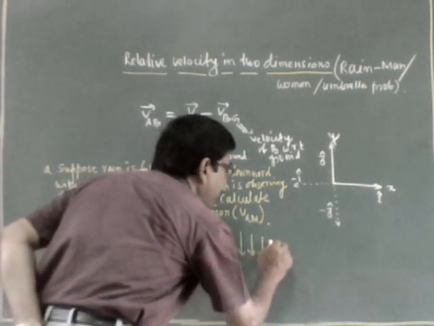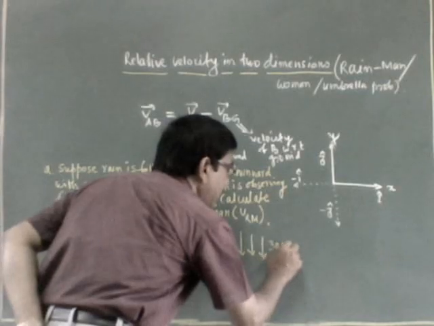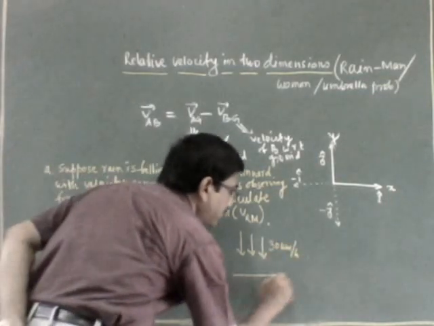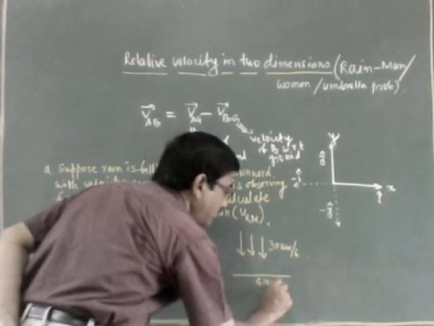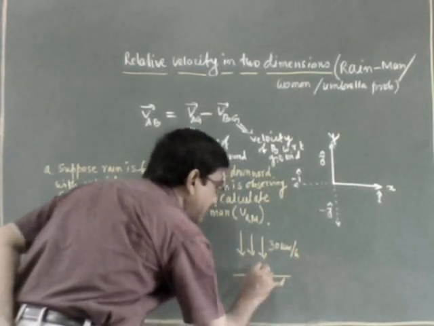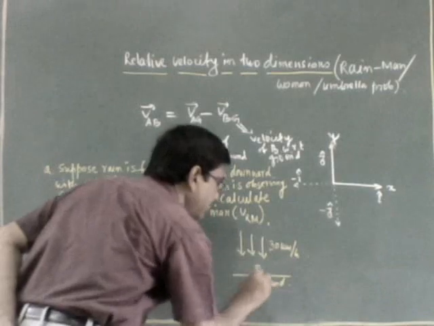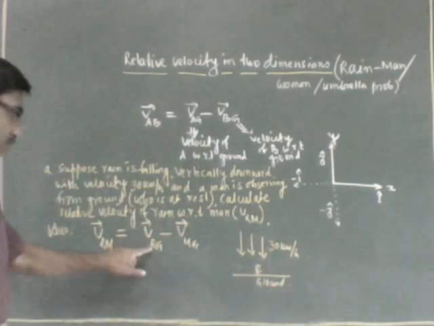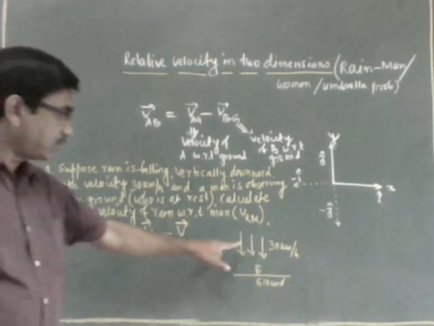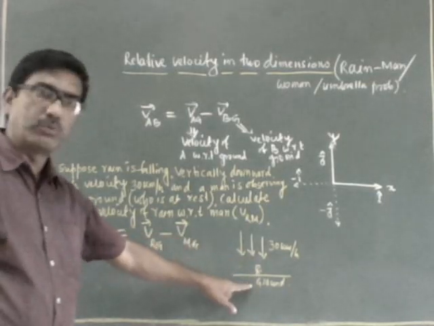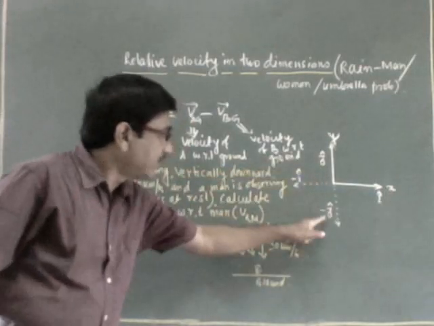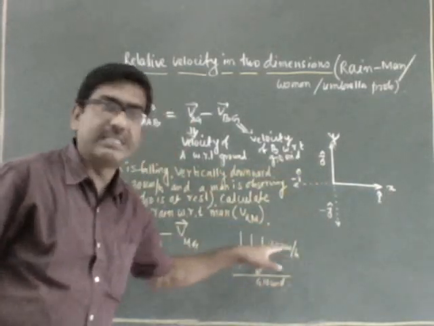So the velocity of rain is 30 km per hour, whereas the man is at rest on the ground. Then what is the velocity of rain with respect to ground? 30 km per hour, and it is downward, so this is minus 30j.